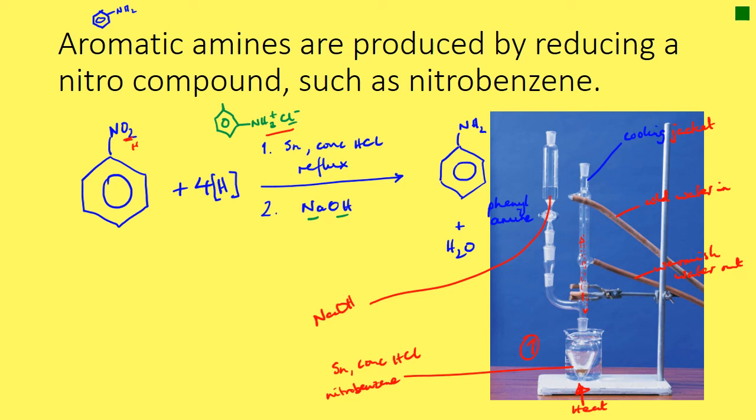So what you're going to do is you're going to heat this, and in here is where you have your first reaction. So you've got your tin, you've got your concentrated hydrochloric acid, and you've got your nitro compound like nitrobenzene.